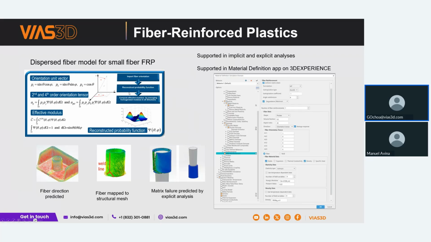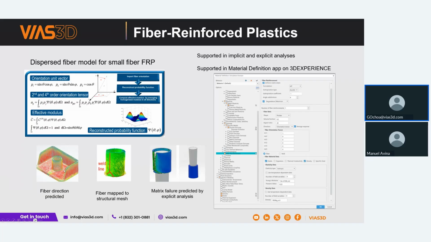So then we get the orientations, and if we look at the image in the bottom left side, this is the fiber orientation prediction from the injection molding solver. This is the maximum principal tensor for the fibers.